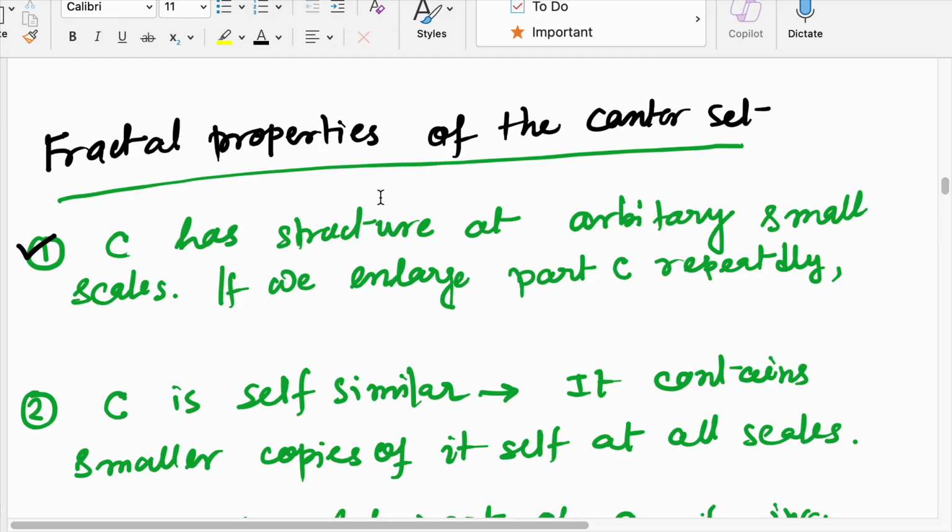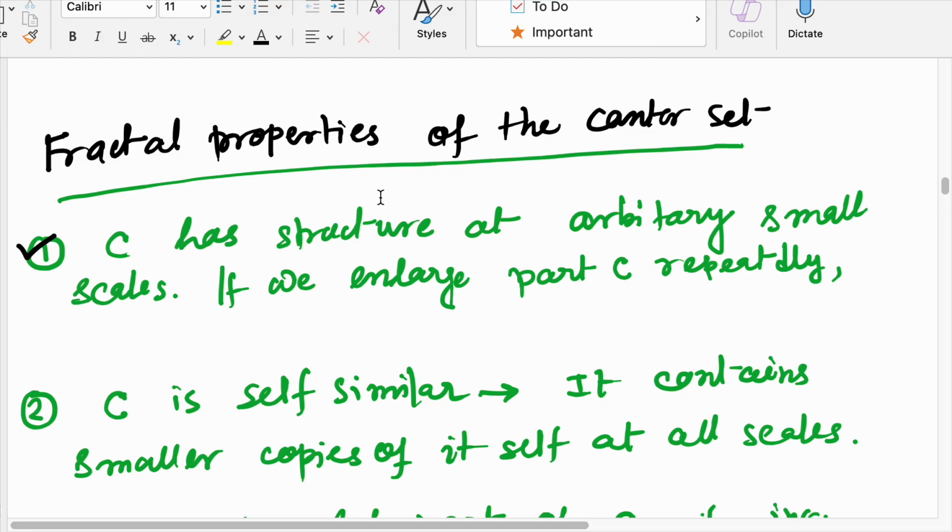So if I zoom into a Cantor set, you will find that all the points are separated by various kinds of gaps. That kind of gap creates a structure between those points. It is called the structure.